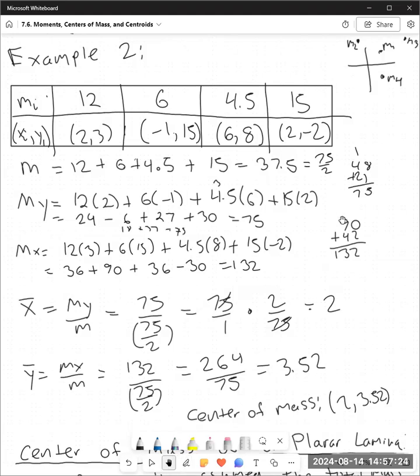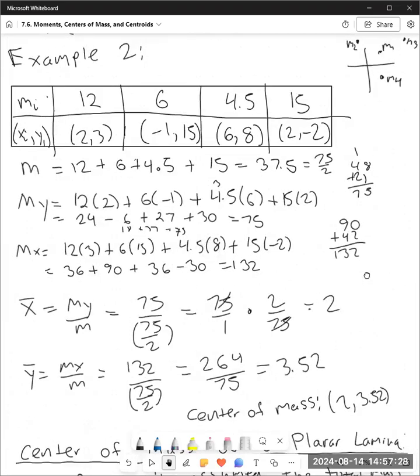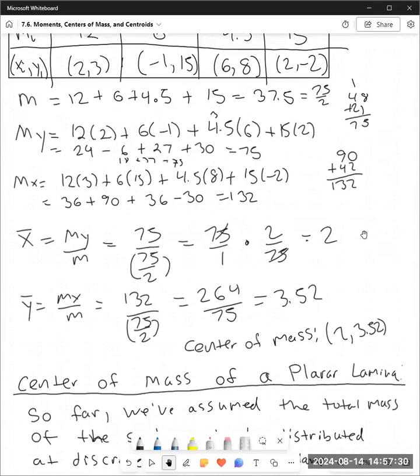And then 12 times 3 is 36. 6 times 15 is 90. 8 times 4.5, that's 32, plus 4 is 36. And then -30 there. So that's 126 plus 6 is going to be 132.